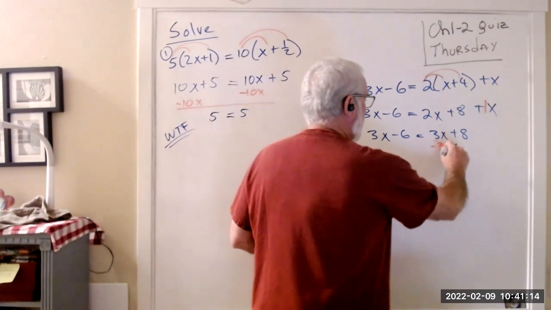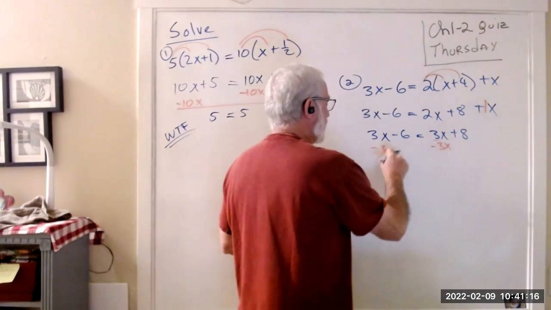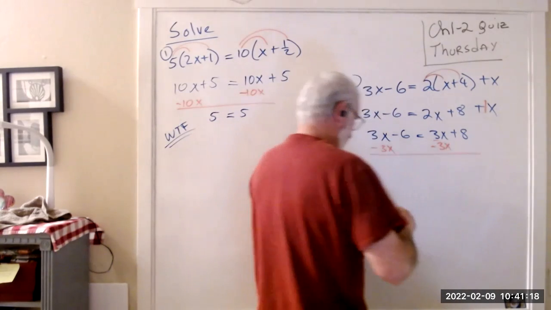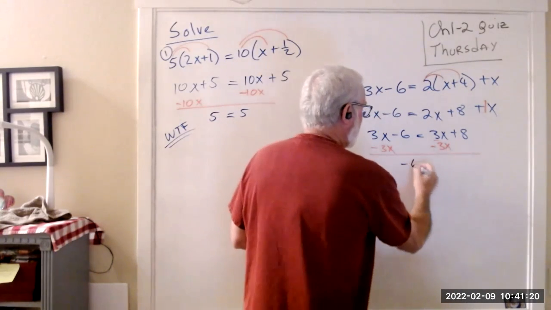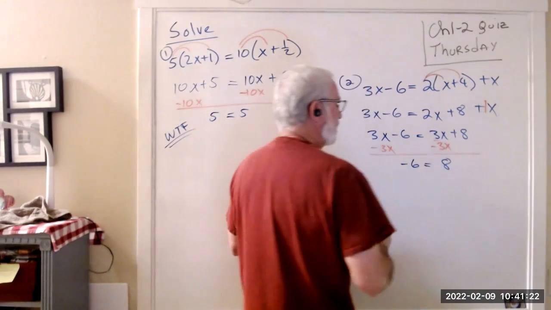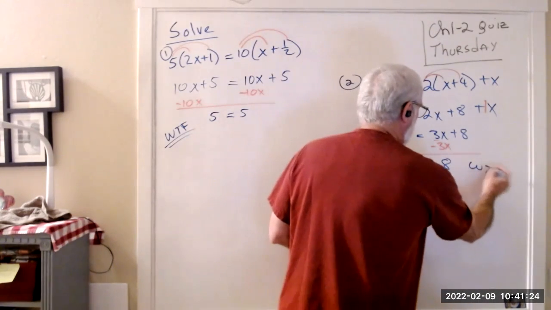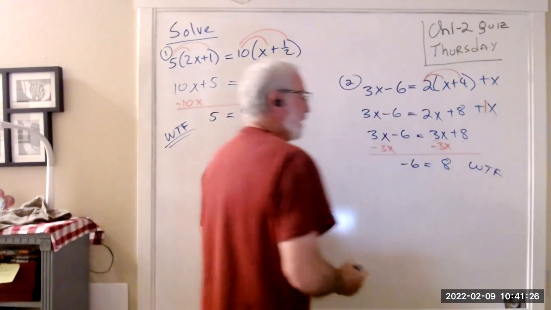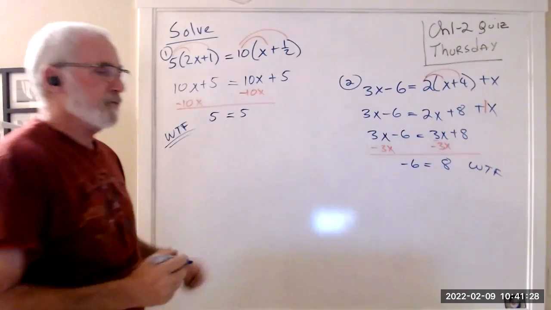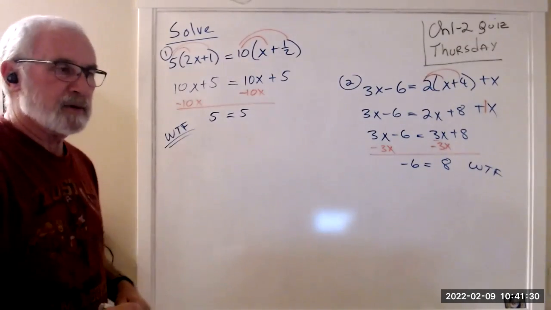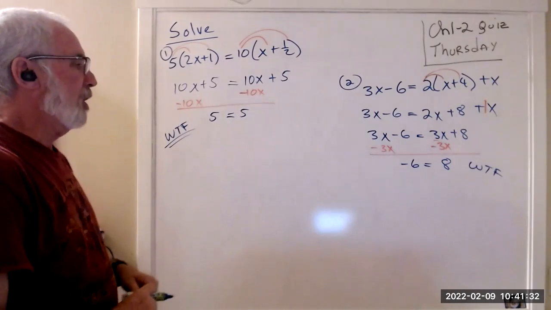So I'm going to take 3x away from this side, take 3x away from this side. And when I do, I get negative 6 equals 8. Again, this is a WTF. And if you don't know what that is, ask someone when we take a break. I can't tell you.